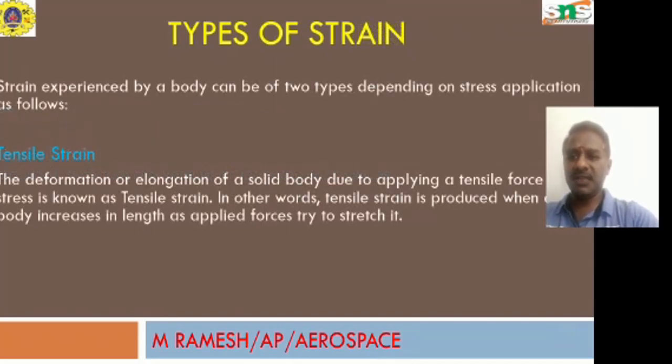And we are going to discuss the strain. Strain is the change in dimension to the original dimension. Generally, we have two types of strain, called linear strain as well as lateral strain. I already discussed the strain.